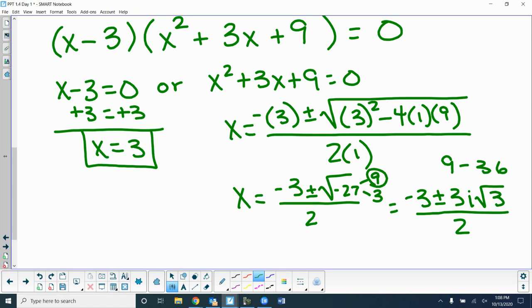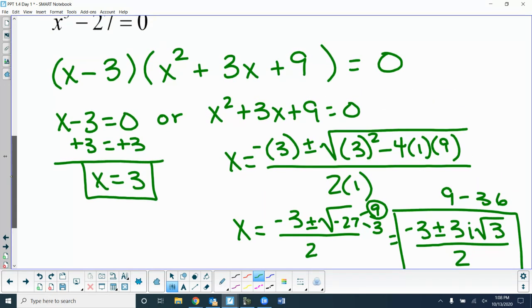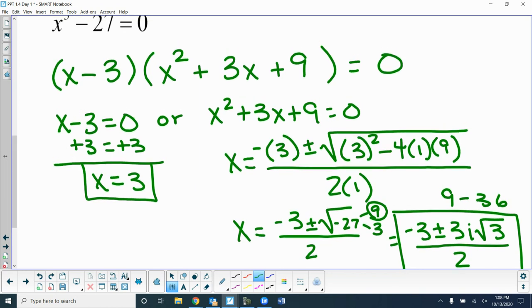Negative 3 plus 3i radical 3 over 2, and negative 3 minus 3i radical 3 over 2. So I only have one real answer and two non-real answers for this problem. So if I were trying to graph it, I'd only see the graph go through at 3. I wouldn't see the others, because I couldn't see that non-real stuff.